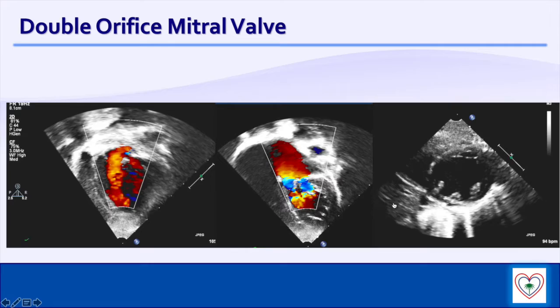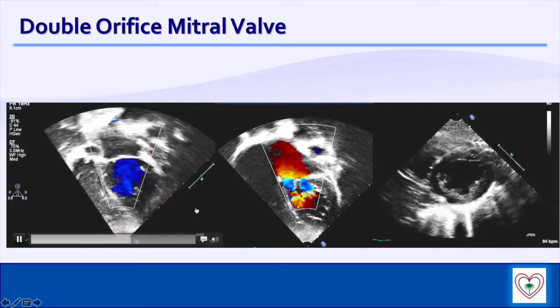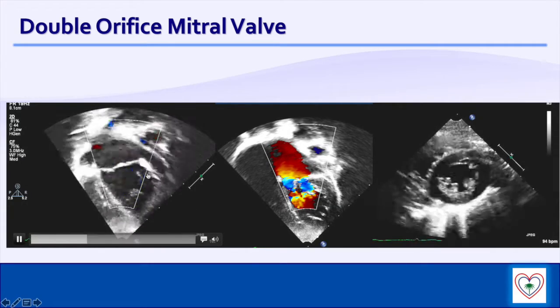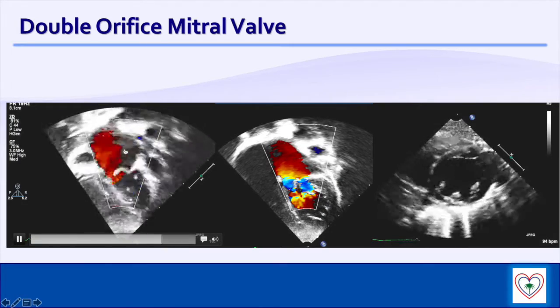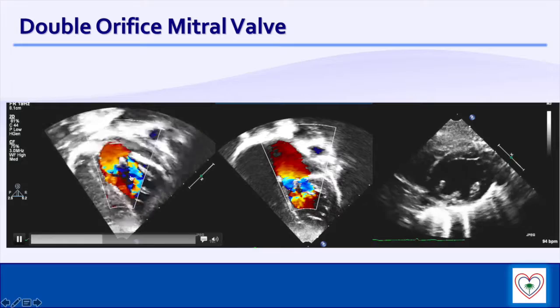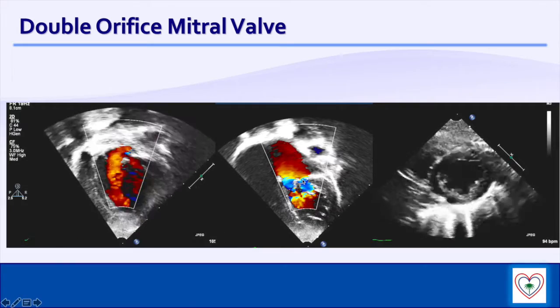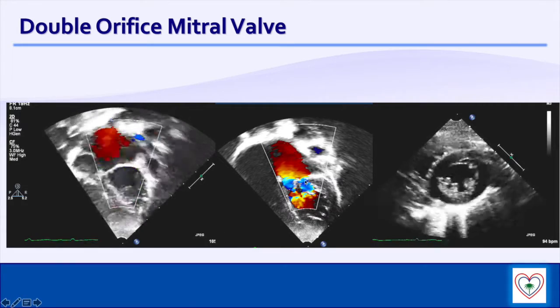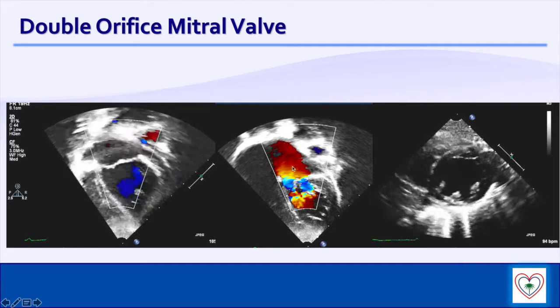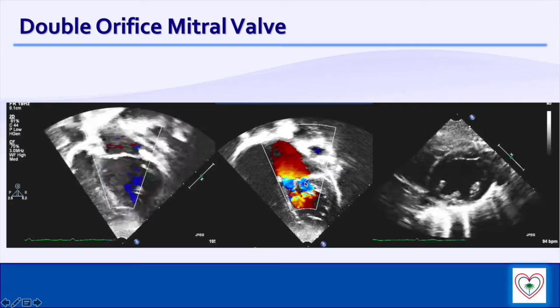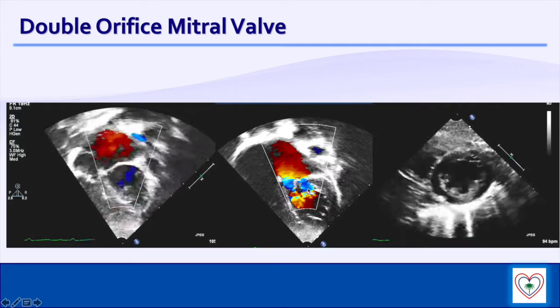It will be quite clear when we have the color Doppler across the mitral valve. So here, this is the inflow from the left atrium to the left ventricle, and you can see here the 2 color envelopes between the left atrium and the left ventricle, and there is some flow acceleration.